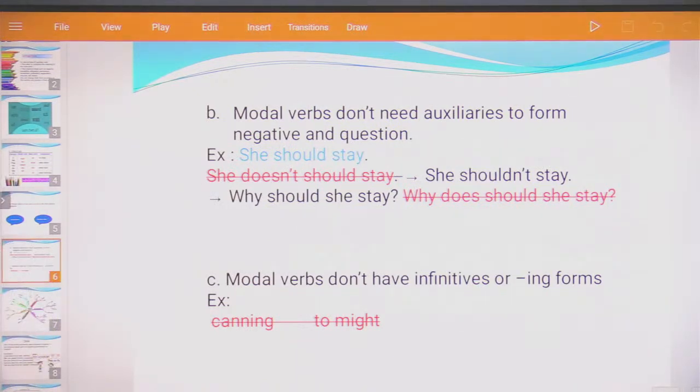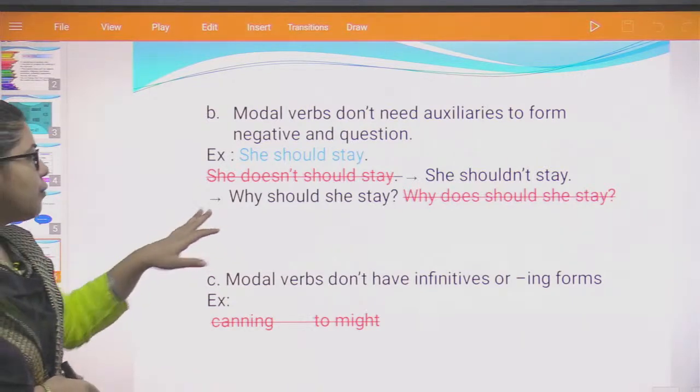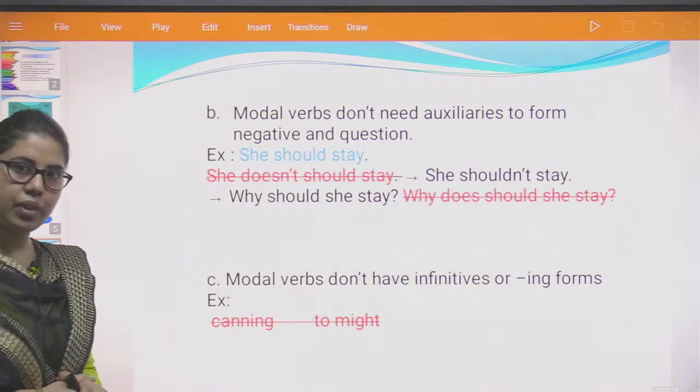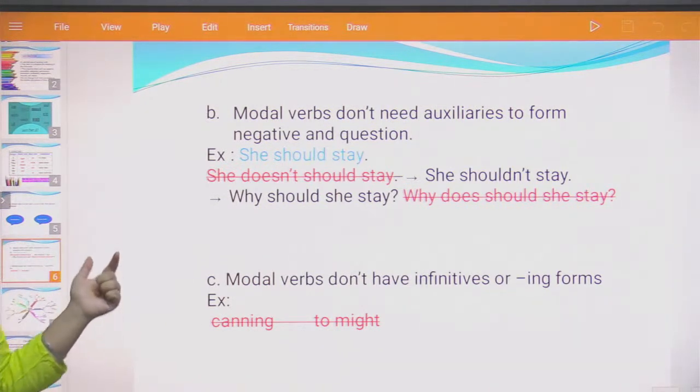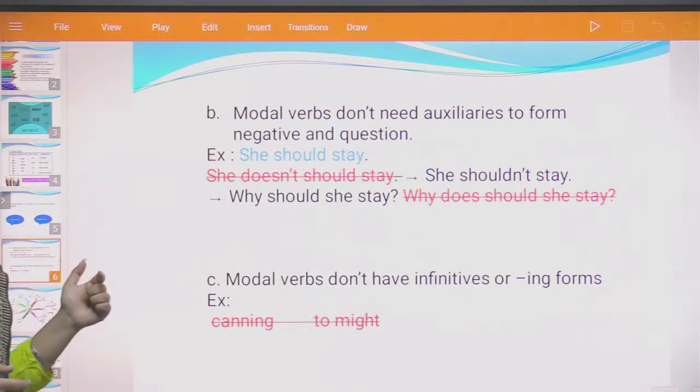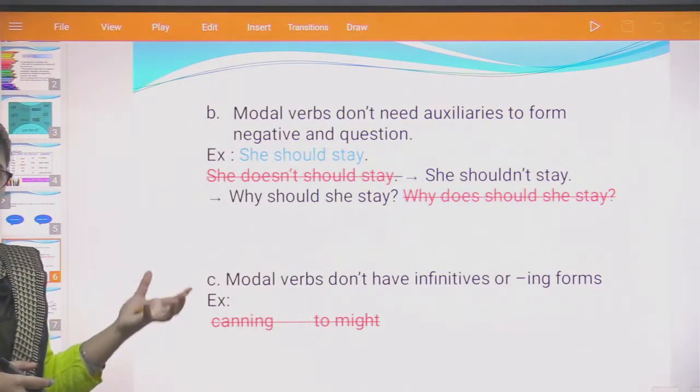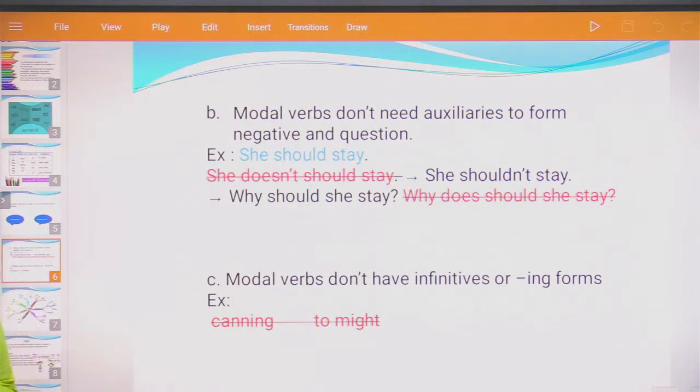Now let's see the question based sentences, students. Why should she stay? That is an interrogative sentence I have framed here. Why should she stay is the correct sentence. If I use "why does should she stay," then it will be incorrect.